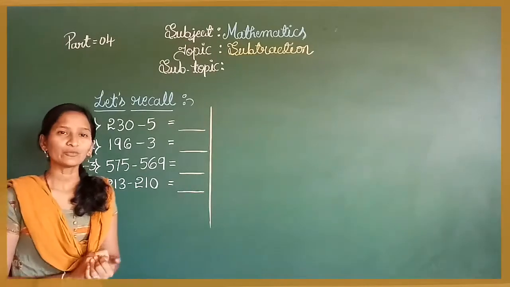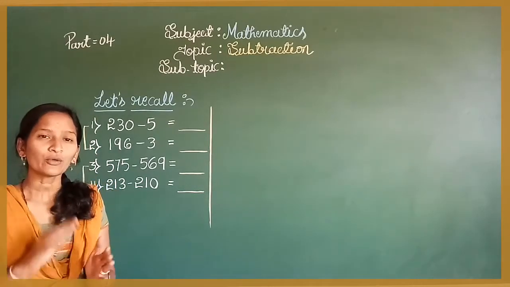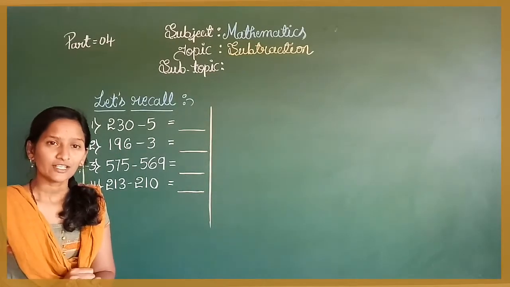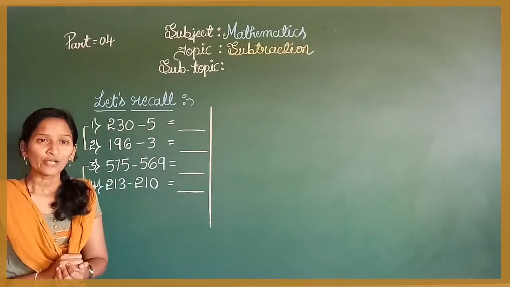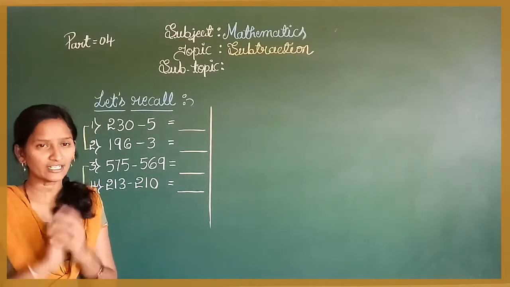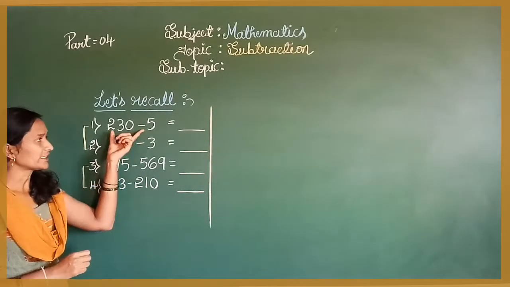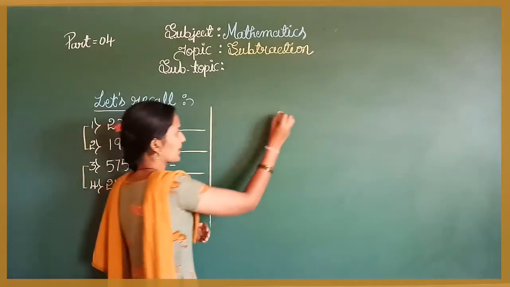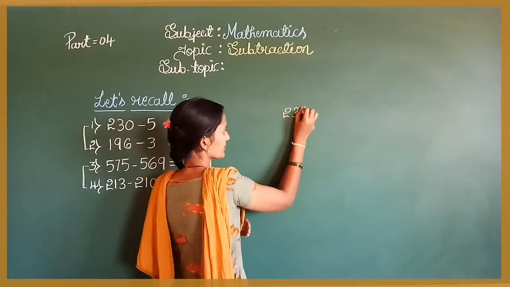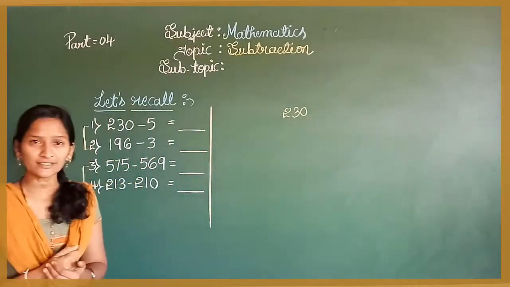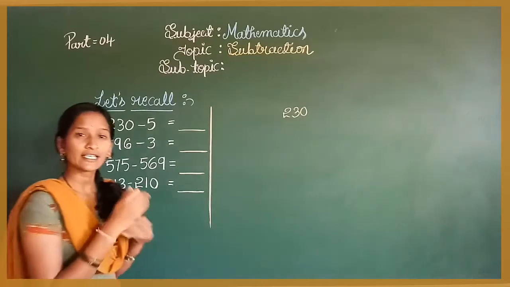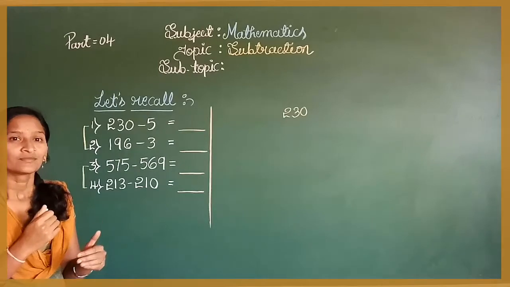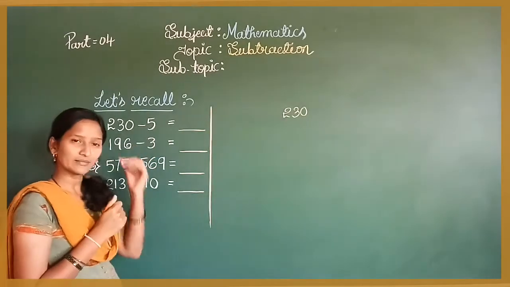Now you tell me what steps you have to use to solve this type of problem. The first step is you have to fetch the bigger number. In 230 and 5, which is the bigger one? Yes, 230 is the bigger number, right? The second step is you have to skip count backward or jump backward, 5 numbers.